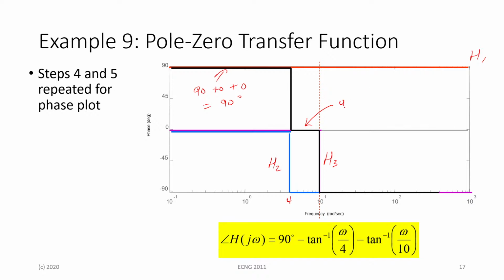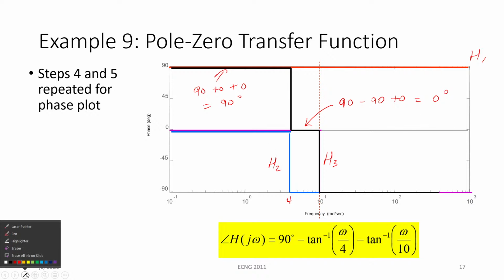H1 was at 90 degrees, H2 was at minus 90 degrees, and H3 was still at 0 degrees. So the end result here will be 0 degrees.